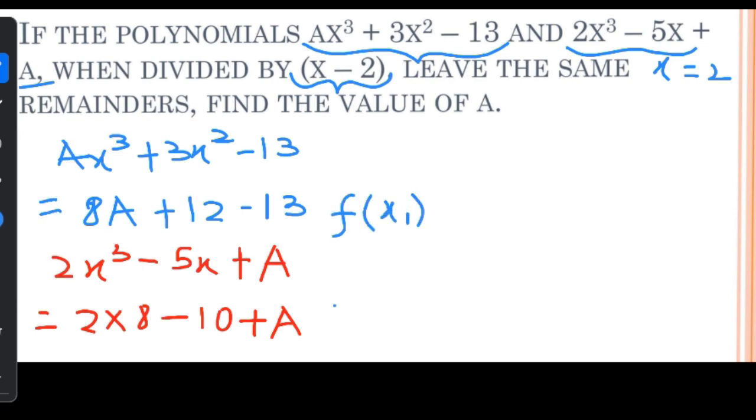f(x1) एंड f(x2) इन दोनों का रिमाइंडर। ये एक्चुअली f(x1), f(x2) नहीं है, ये f(x1) और f(x2) का रिमाइंडर है आफ्टर बीइंग डिवाइडेड बाय g(x)। ठीक है, एंड what it has mentioned is that if the polynomials ax³ + 3x² − 13 and 2x³ − 5x + a when divided by x − 2 leave the same remainders, find the value of a.